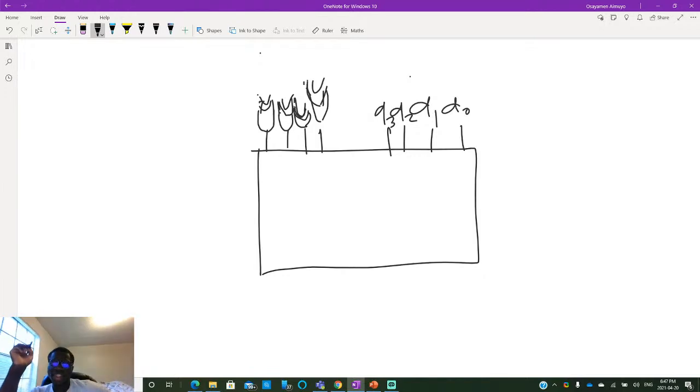They don't really look like XOR gates, but those are XOR gates.